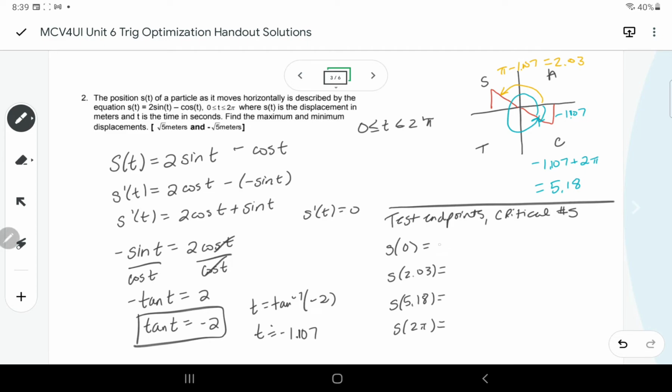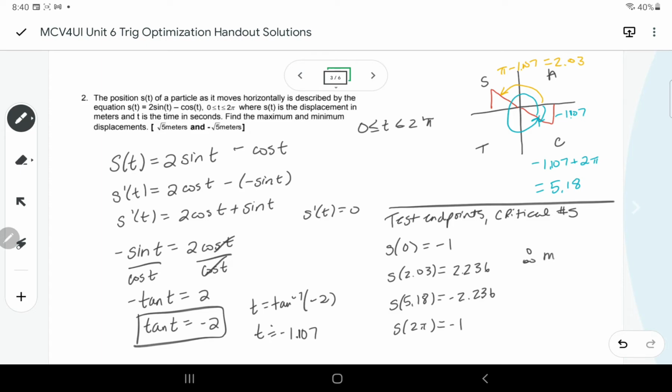So S at 0 and S at 2 pi are both the same. They're negative 1. S at 2.03 is 2.236, and this one is negative 2.236. So that would be the max and min displacement.